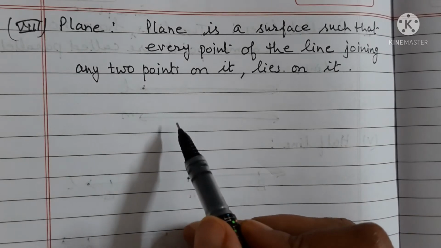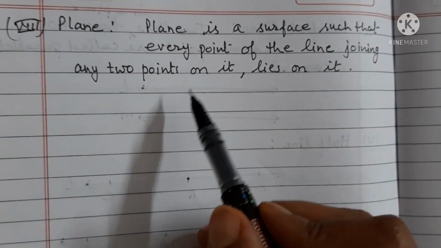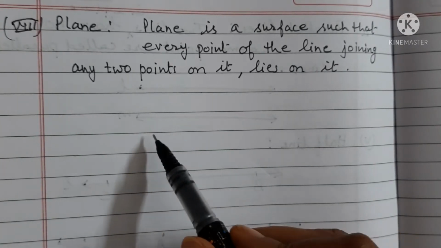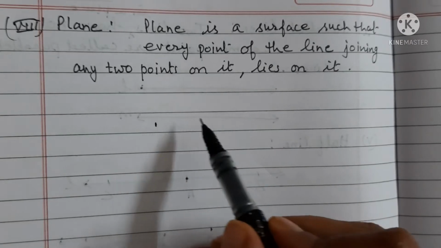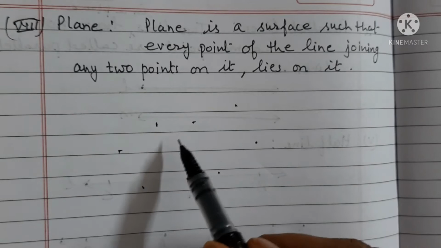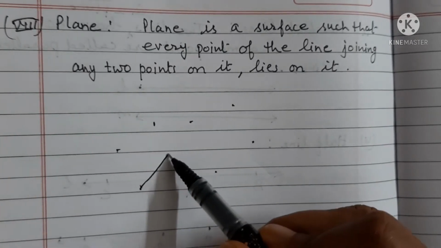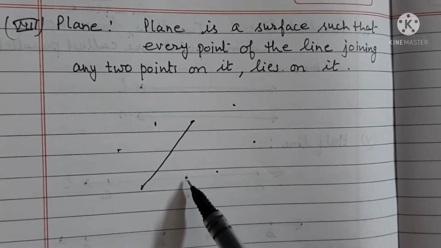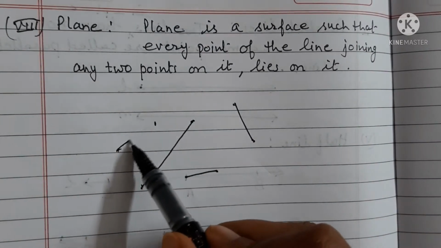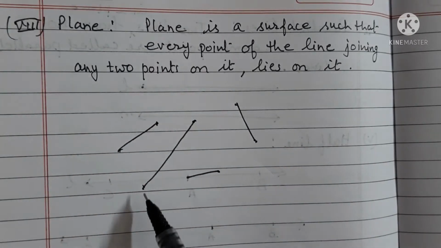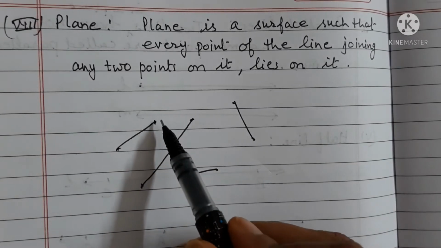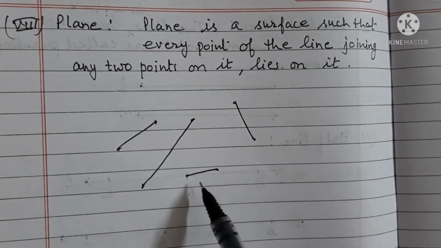So here you can draw a line, line segment, ray, etc. on the plane. Suppose these are the points lying on the plane, and join any two points to form a line or line segment. By joining two or more points, these points will lie on the plane.